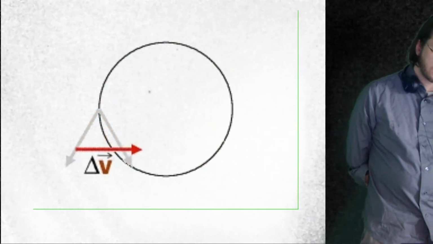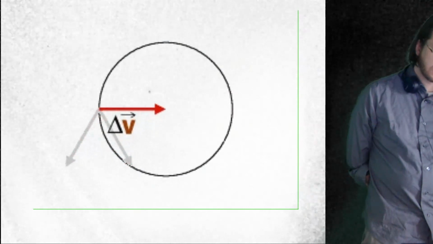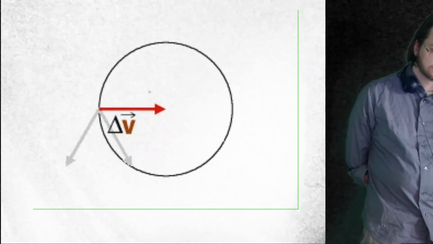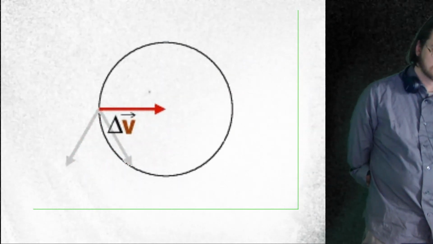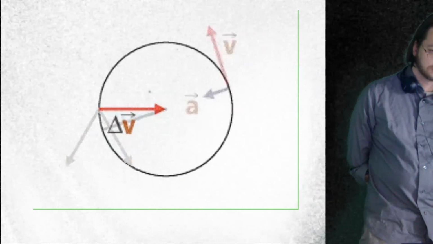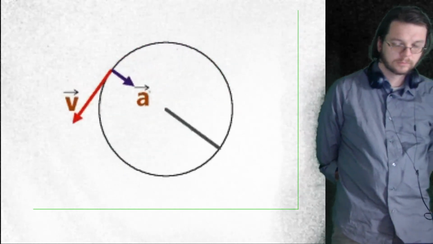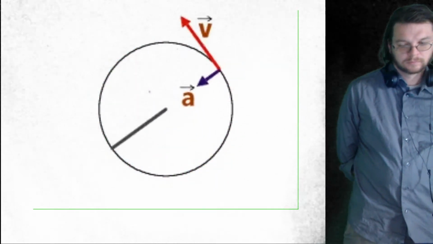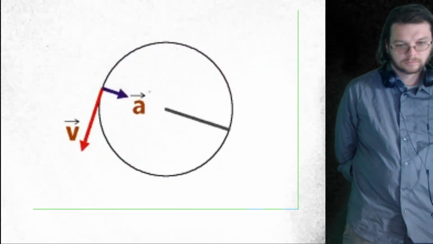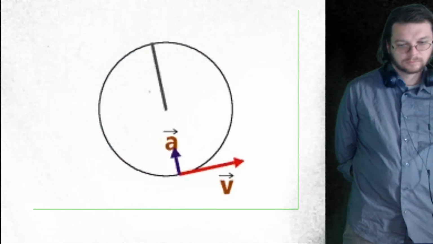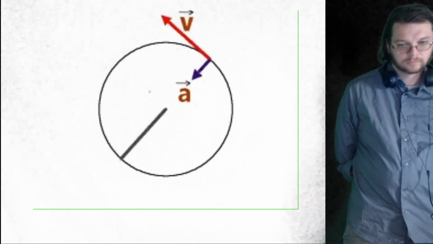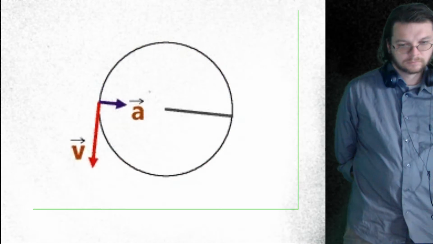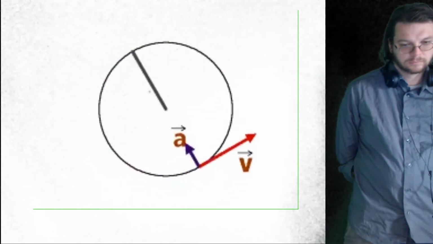First, notice the direction of delta v. It points toward the center of the circle, that is, in the radial direction. Anything moving in a circular path has some acceleration in the radial direction. We can find that the radial acceleration, sometimes called the centripetal acceleration, is proportional to the square of the speed and inversely proportional to the radius r of the circular path.